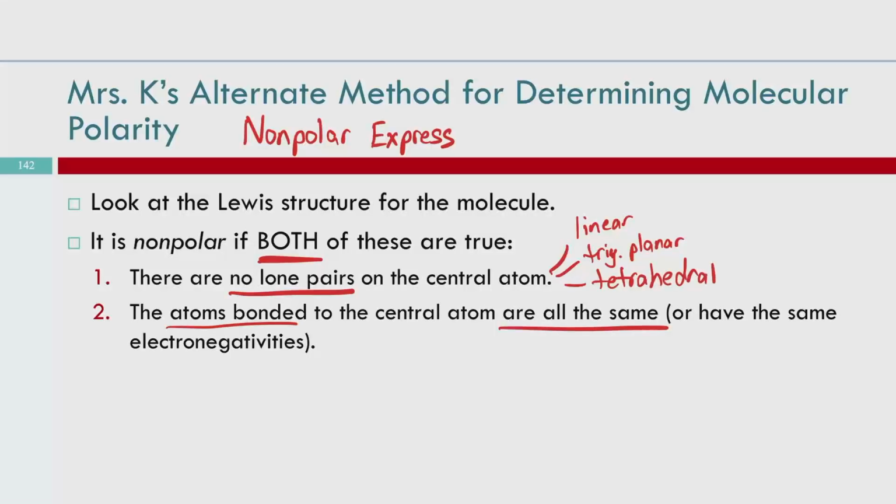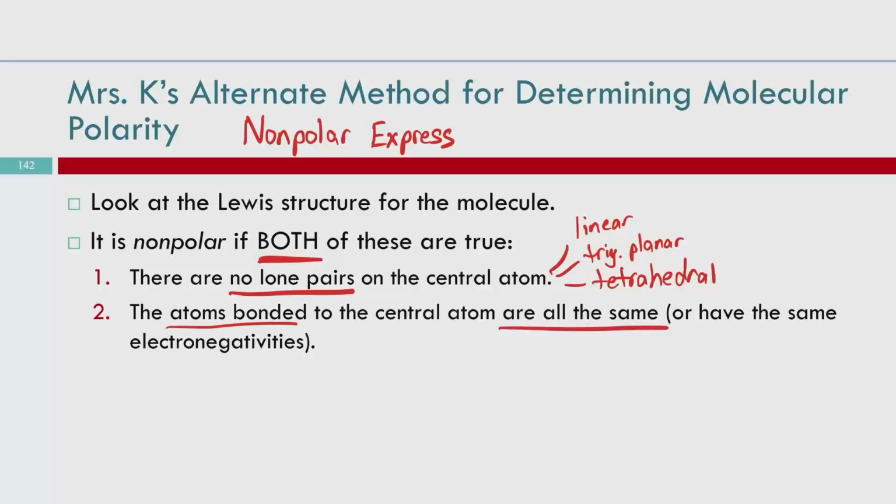And those three shapes are all with the groups as spread out as they can possibly be. And so if they're all the same bonds, the same bond strength, then whatever that pulling force is going to cancel out because they're all perfectly spread out.